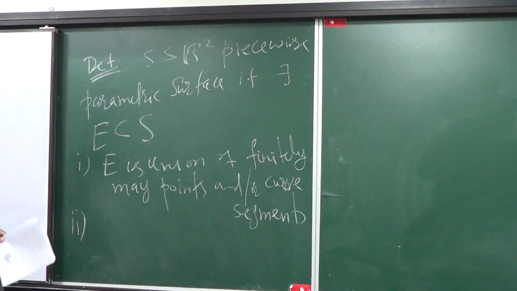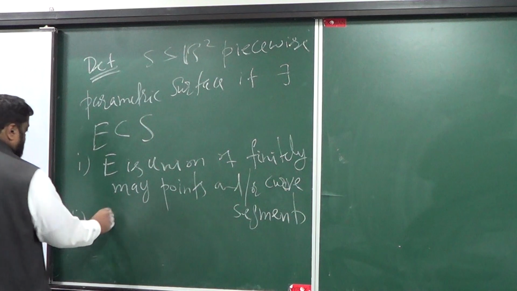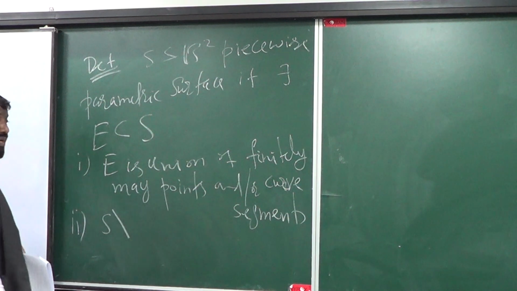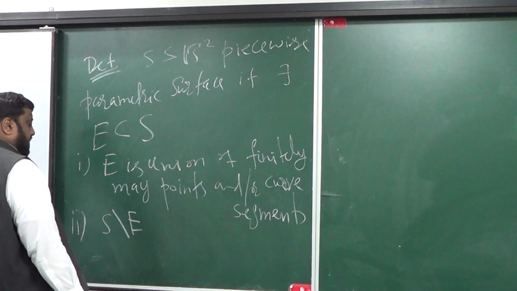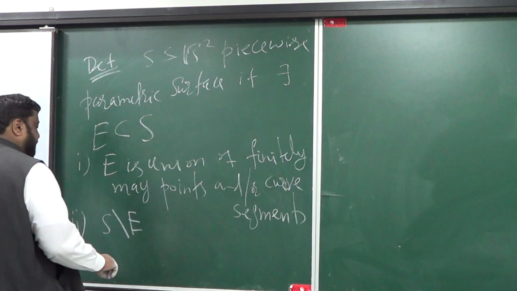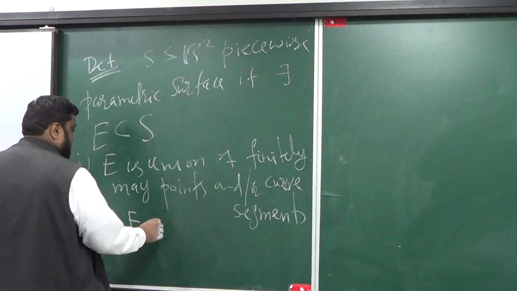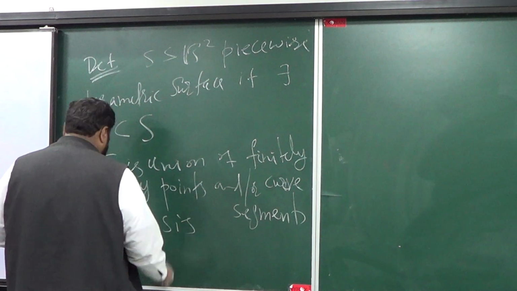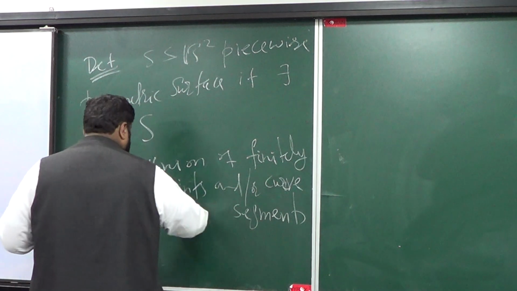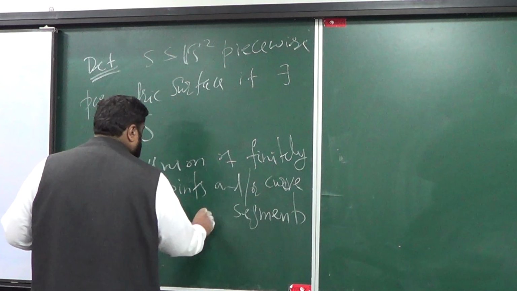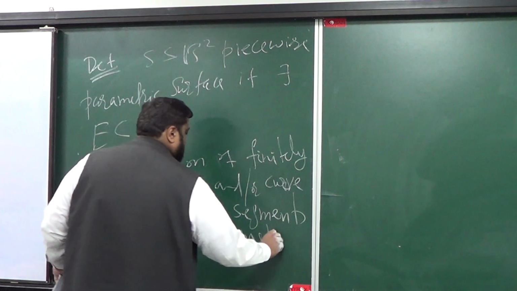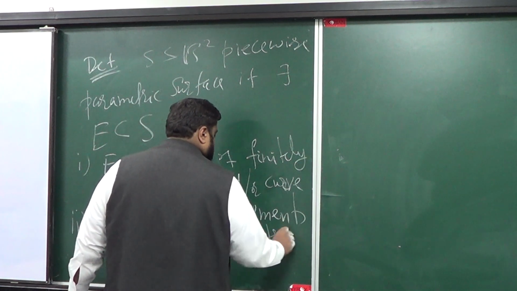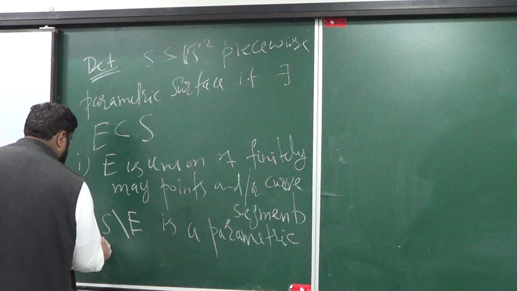And the second part is that if you throw away this E from S, then S minus E is a parametric surface.